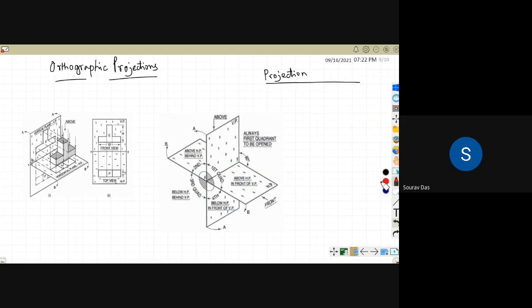Now say a point is situated in the second quadrant, somewhere here. In that case, it is above HP and behind the VP. The projection of the point will be here, the front view, and the top view of the point will be here.